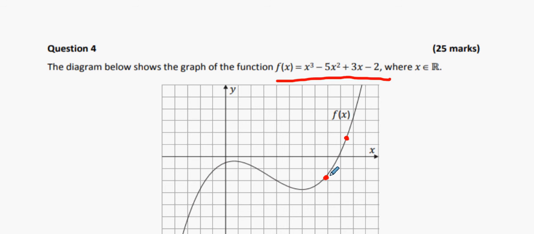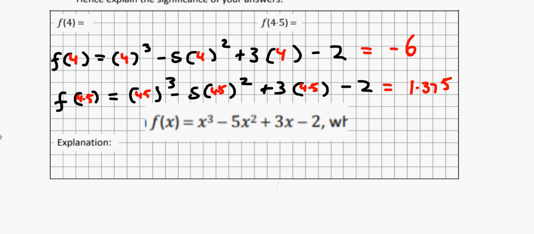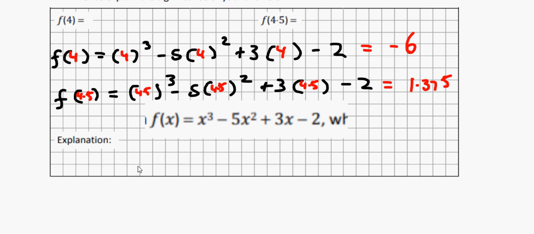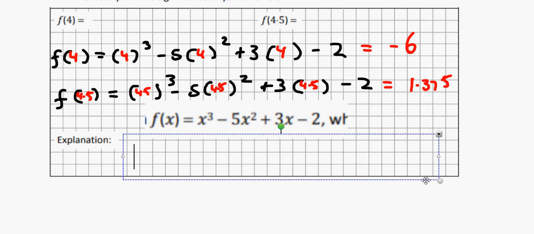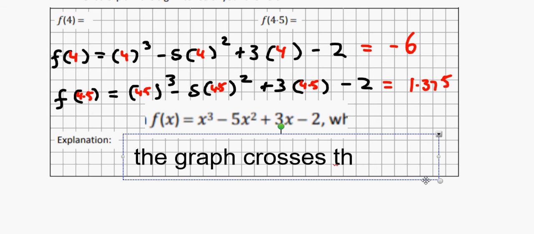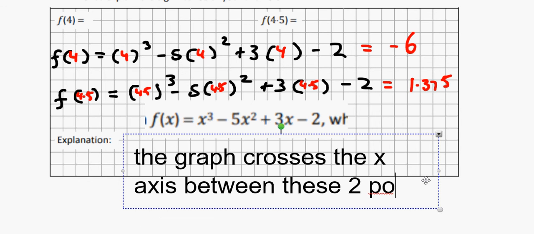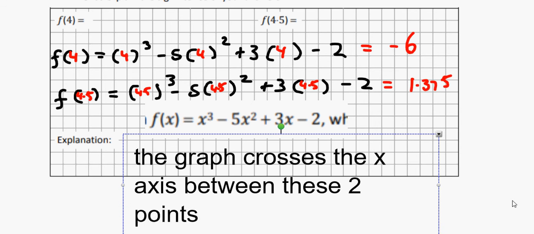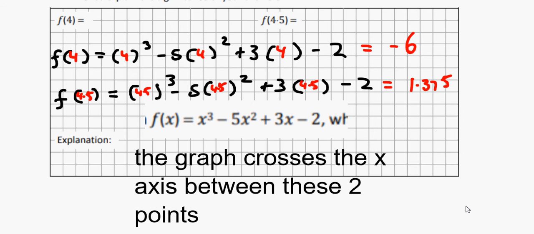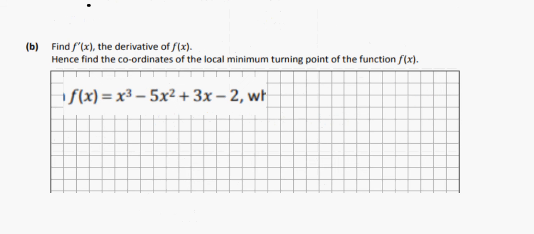You see the way it crosses the axis in between the 2 points? That's what the answer is. It crosses the axis between the 2 points. Okay? Right, let's drive on.